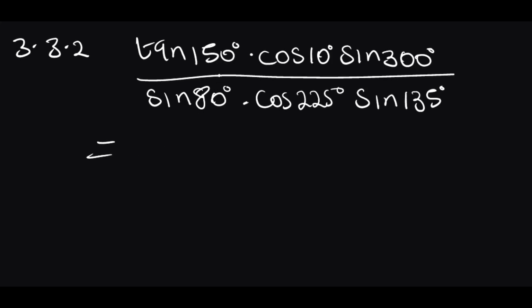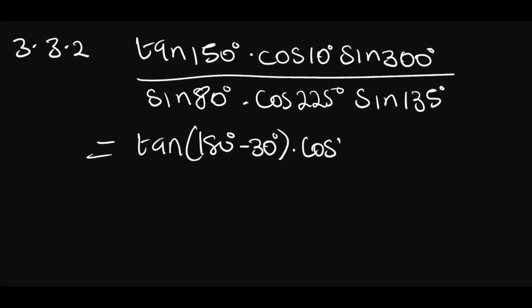Right, we can write tan 150 as tan of 180 degrees minus 30 degrees. Then we have here cos 10 degrees.